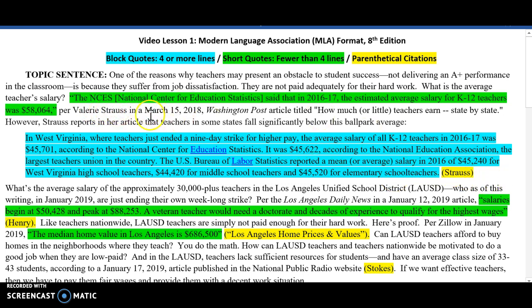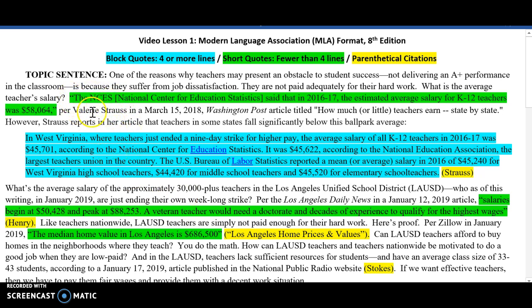But if I did need her name, if I hadn't put her name up here in a block quote, the parenthetical citation follows after the last end mark, the last punctuation mark. It's here.